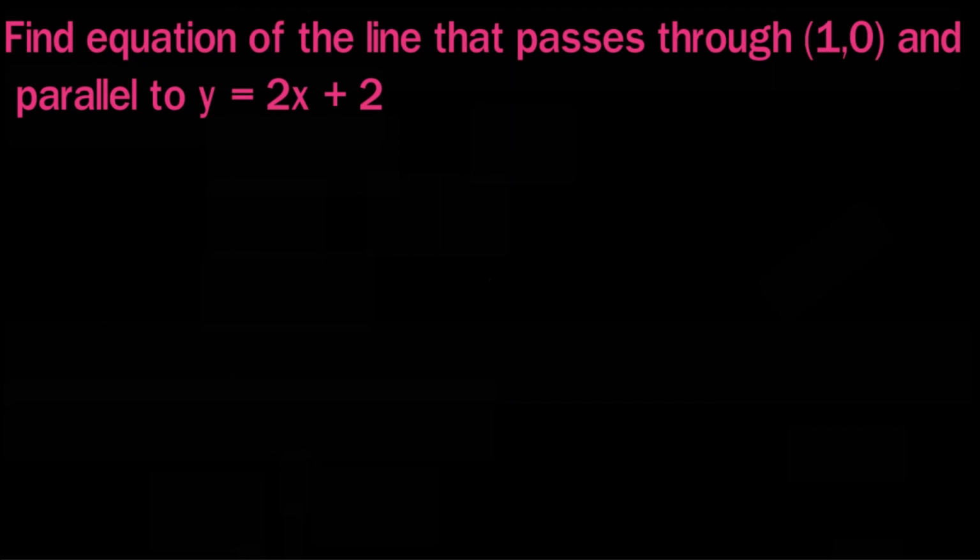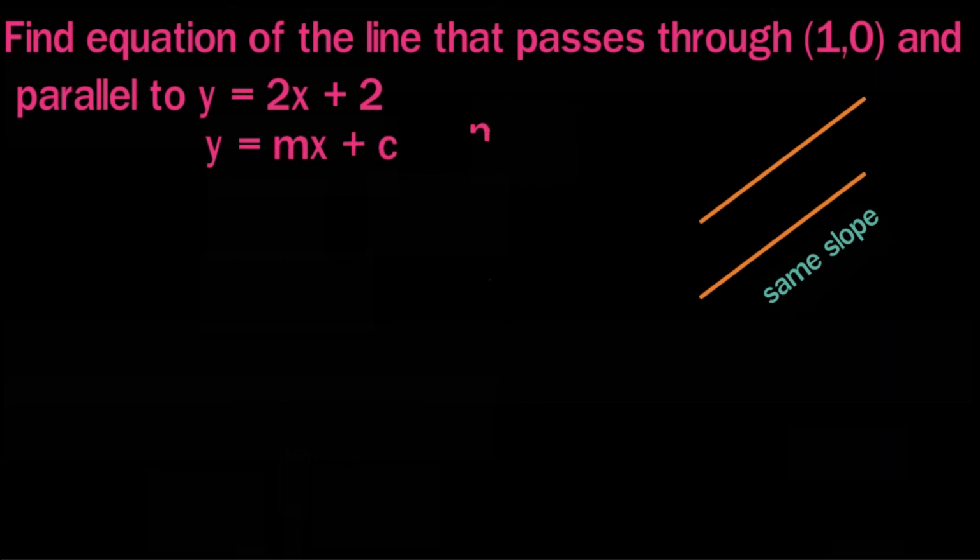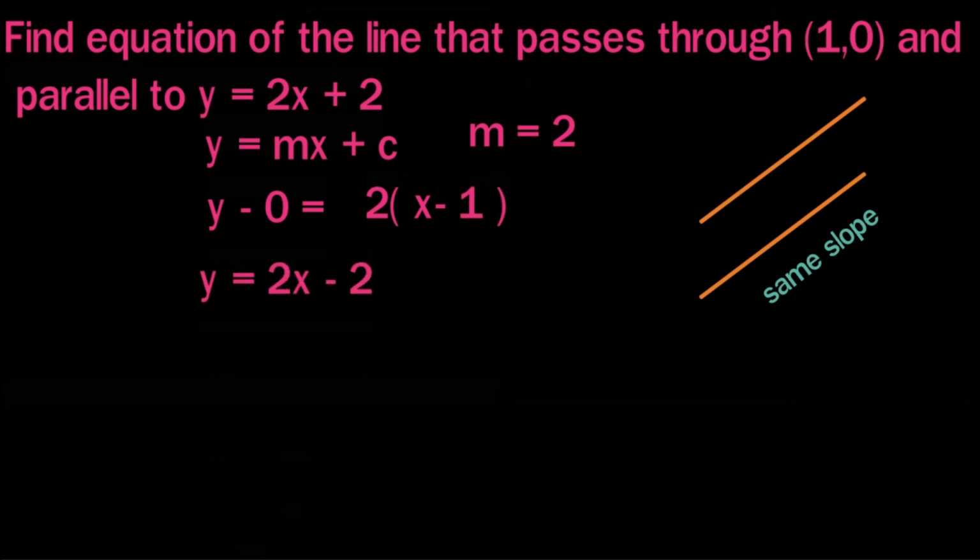We know that parallel lines have the same gradient, the same slope. Given y equal to mx plus c, the slope is actually 2. So we find the equation of the line that passes through this point: y minus 0, the slope is 2, and x minus 1, and we get the answer of the equation.